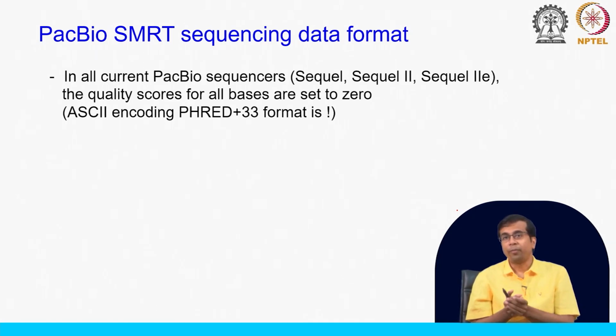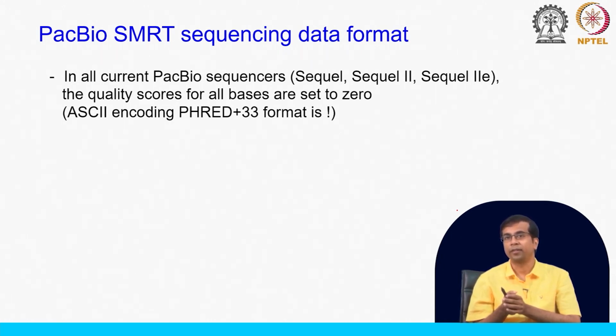Now, what you will probably see if you are working with SMRT sequencing data that was sequenced recently, in all current PacBio sequencers, like the systems we showed a few classes back, the Sequel, Sequel II and Sequel IIe systems, is that the quality scores by default will be set to 0, and the encoding for all of them will be an exclamation mark, as you have seen in the Phred plus 33 format.